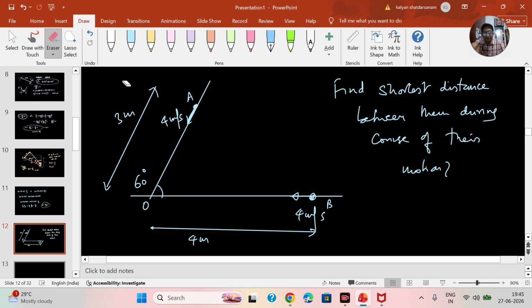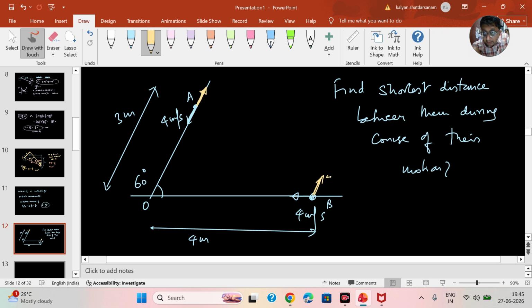Let me try. First thing is I'll go to A's frame. You can go to B's frame also. So I'll go to A's frame. I'll add a negative of A's velocity. I'll add that to B also like this. So A is at rest. But I've added 4, by the way. And because this angle is 60, I'm adding in the same direction like this.